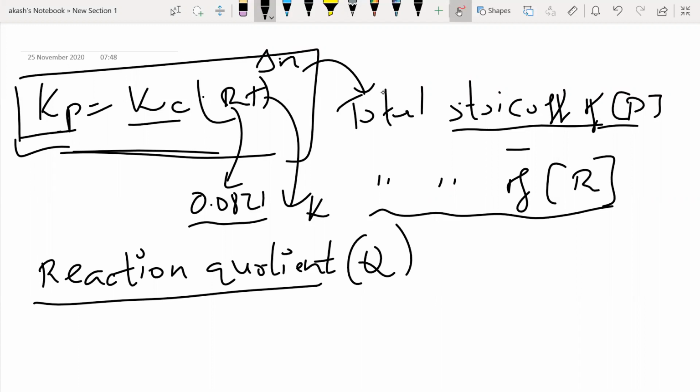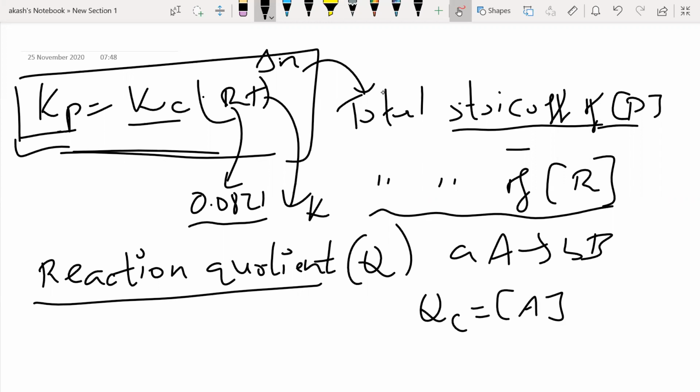Now if you look at the formula, it's going to be exactly the same as the formula for Kc or Kp. If I have a reaction like aA giving bB, the Qc or Qp for this will again be the products raised to their stoichiometric coefficients divided by the reactants raised to their stoichiometric coefficients.